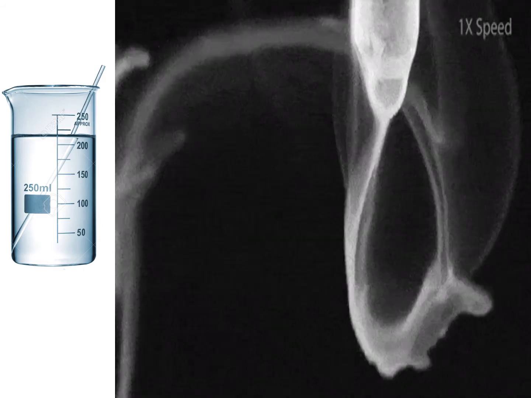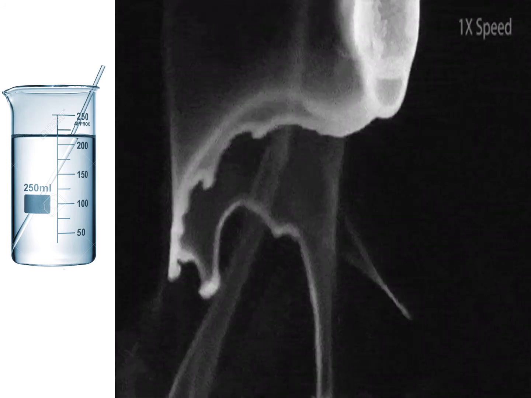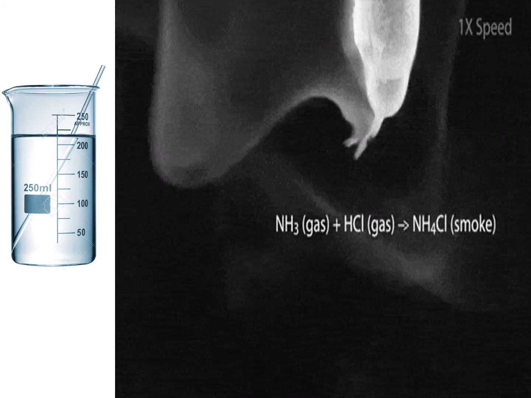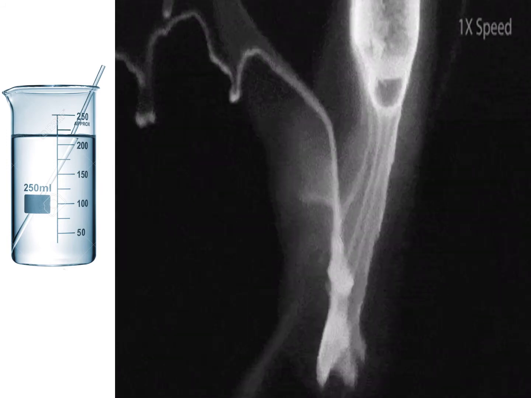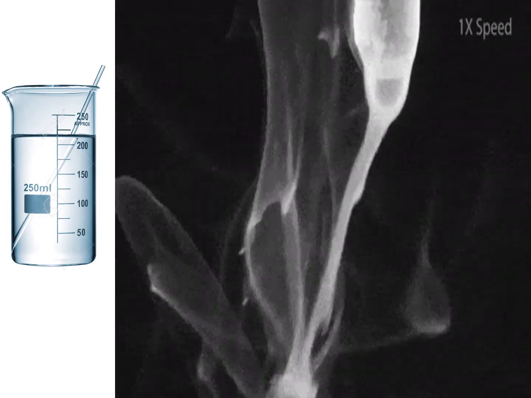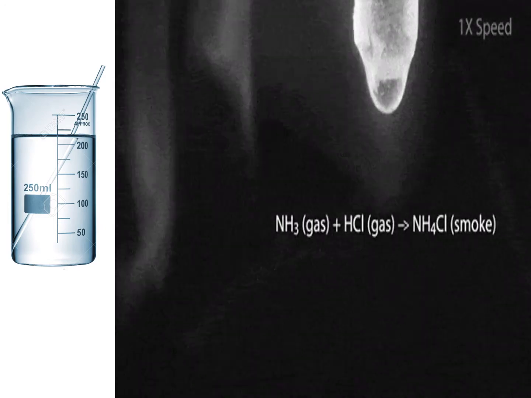glass rod. What really happens here is because of the heating of hydrochloric acid, vapors start coming out from the conical flask and ammonia also comes out from the solution on the glass rod.